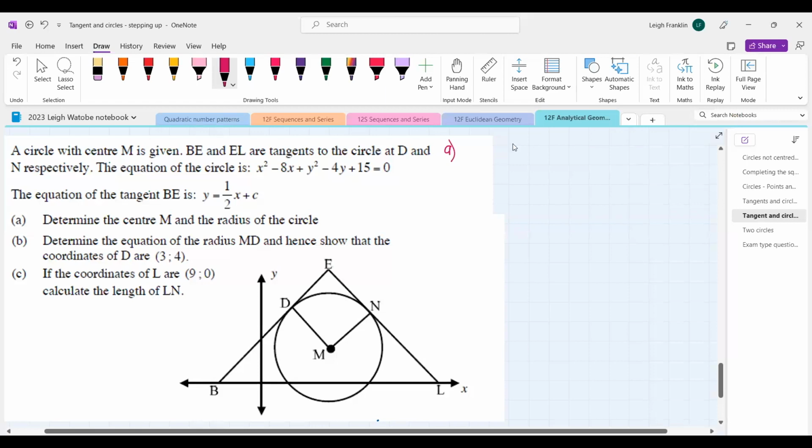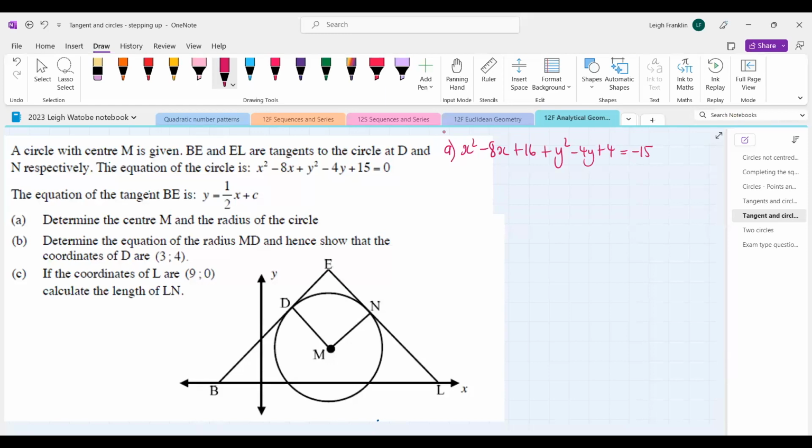And you guys continue with B and C. Okay, so the answer for A is up already.